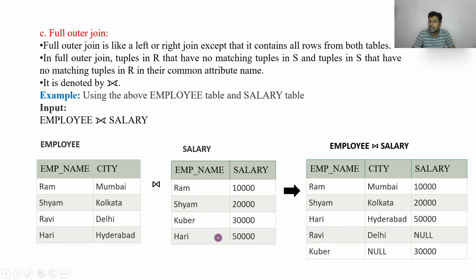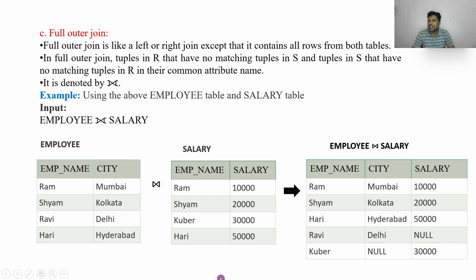So all the rows are now mentioned. The only thing is, because we don't know Ravi's salary, it is keeping null, and we don't know Kuber's city, so it is keeping null. So the full outer join gives all the rows, and wherever the values are not there, it specifies null.